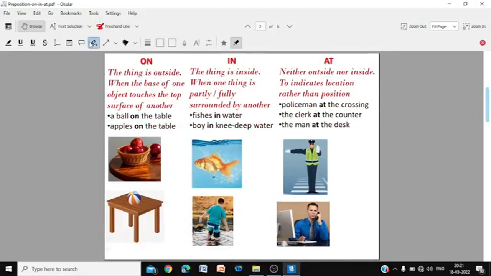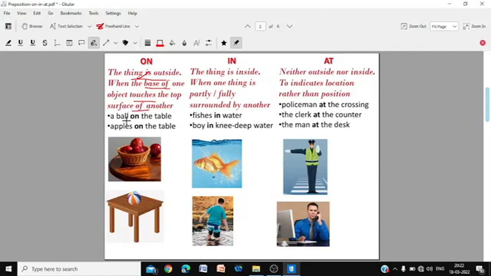On. When do we use the preposition on? The thing is outside, and the base of one object touches the top surface of another object. Two conditions: the thing should be outside, not inside, and the bottom of one should touch the top surface of the second.